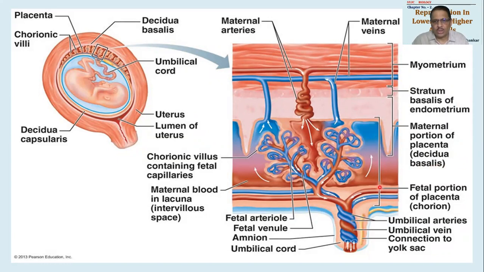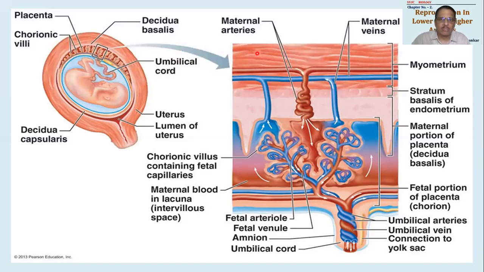Now this portion, ये portion जो है, will be considered as fetal portion of placenta or chorionic villi. Okay, chorionic villi will be having a profound network of blood vessels through it. As you could see, this is an artery and a vein. Okay. Now, what is happening?